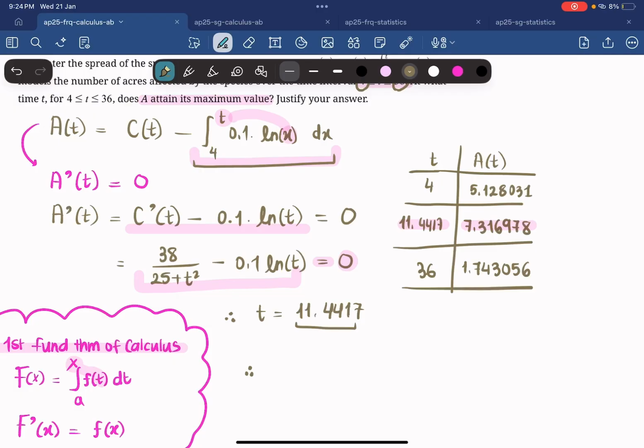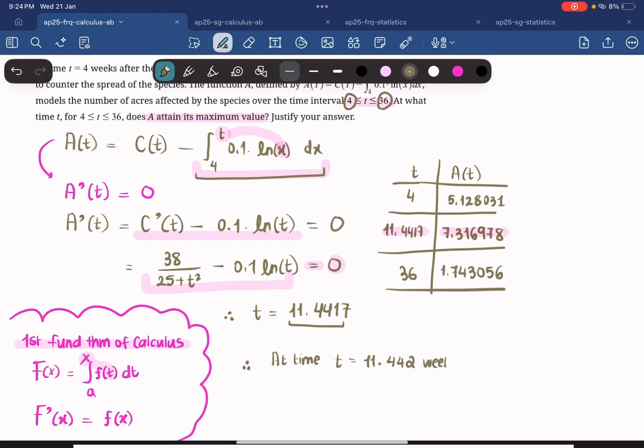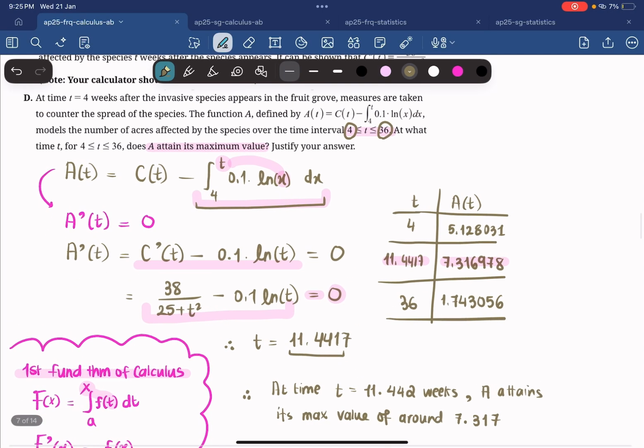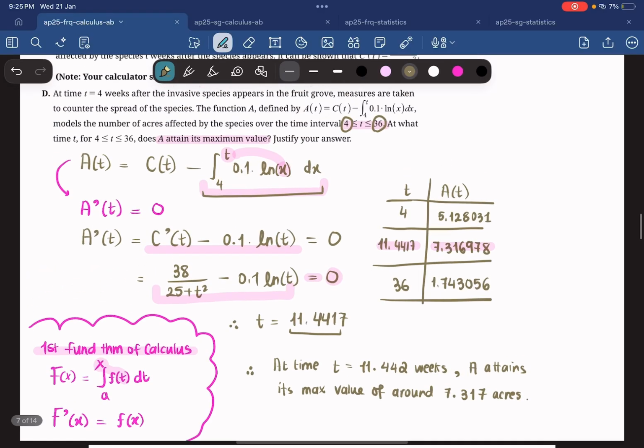We say, therefore, at time t equals 11.442 weeks, to 3 decimal places, A attains its maximum value of approximately 7.317, so you can say 7.317 acres. And that's our final answer for part D.